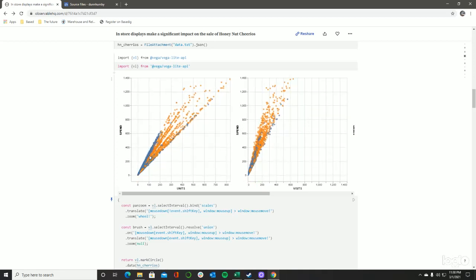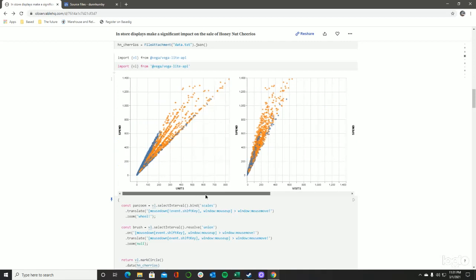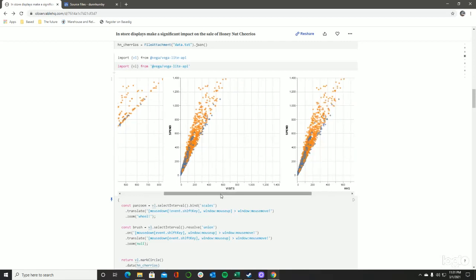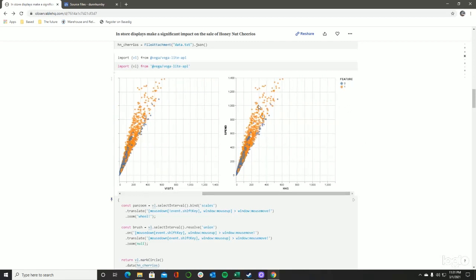Without in-store promotions, the points follow a very linear path and their sales are very limited. However, if you do have the in-store sales promotions, you can see a very wide variance and a massive increase in sales. Units sold, visits, and households served all seriously skyrocket.